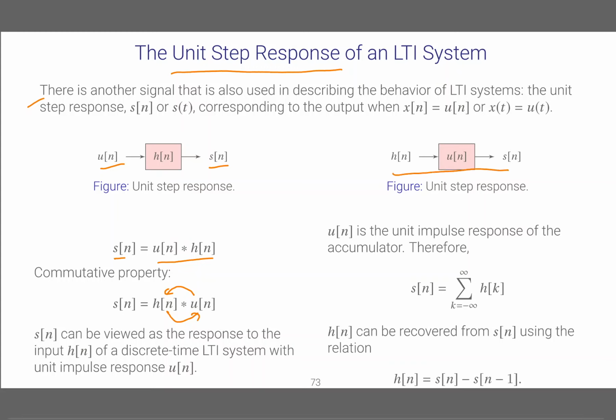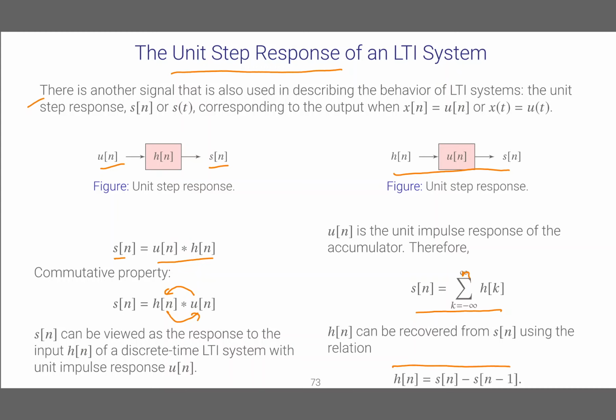So we can draw it like that. u[n] is the unit impulse response of the accumulator. Therefore s[n] must be the running sum of h[k] up to n. h[n] can be recovered from s[n] using the relation. We know that the inverse of this is this one.